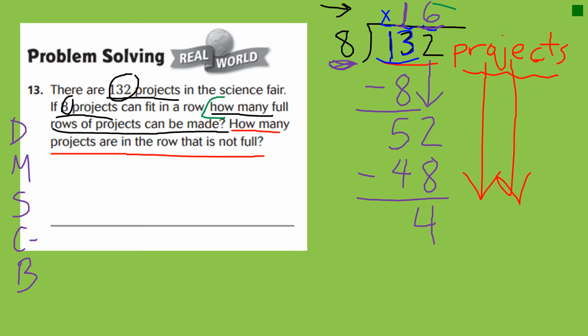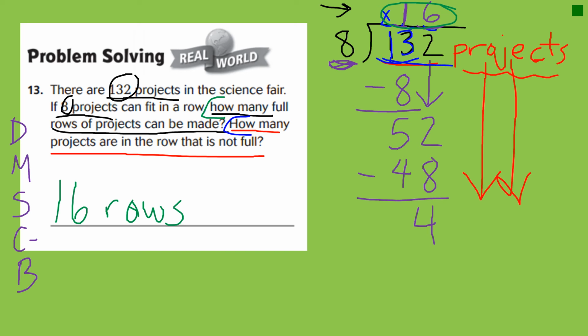Okay, remember we talked about that? We have 16 full rows. Okay, there are 16 rows that have 8 projects in each row. But then the other part of the question, remember? How many projects are in the row that is not full?